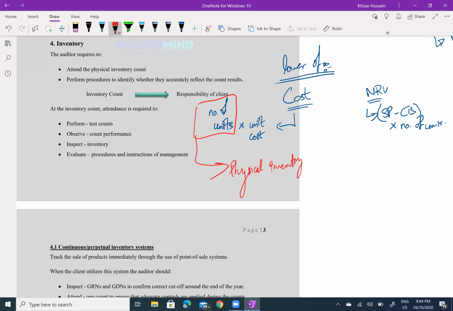One of the ways to do it is through physical inventory counts. Unit cost could be verified through what? Through a breakup or schedule of purchases, or you can say supplier statements, right?